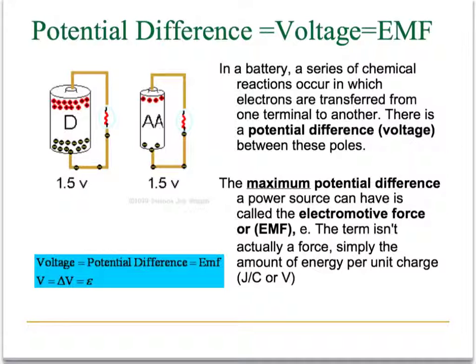Now let us look closely at this potential difference or voltage. Sometimes this is represented by EMF, meaning electromotive force. Although we are using the word force, the electromotive force is actually not a force.